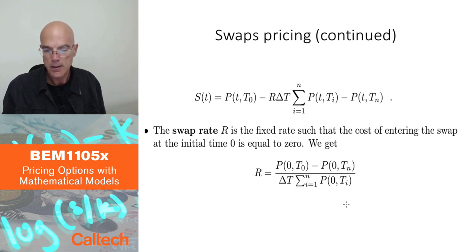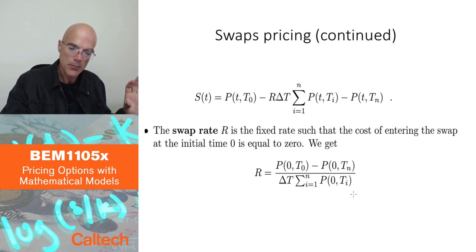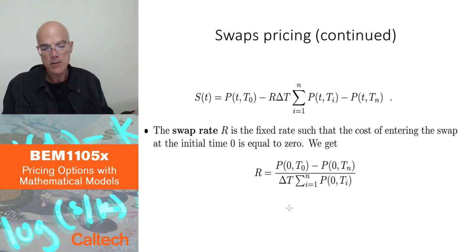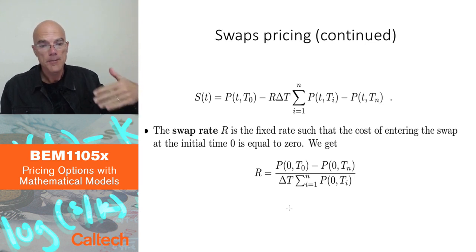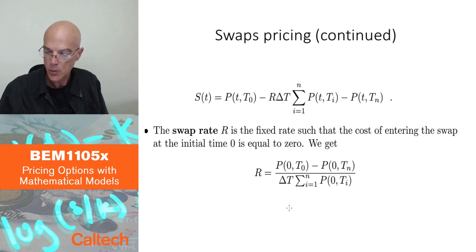This gives them a benchmark value for what the fixed rate in the swap should be. How much they should charge you in terms of the fixed rate in order to pay you random rates every period, and you pay them R. All right. So that's the swap rate formula.